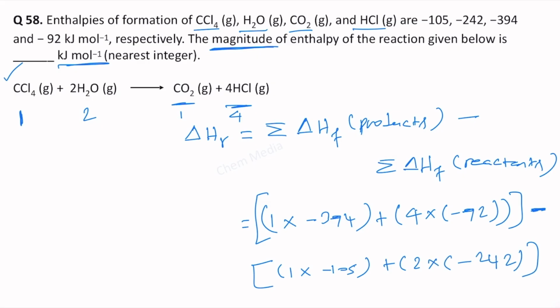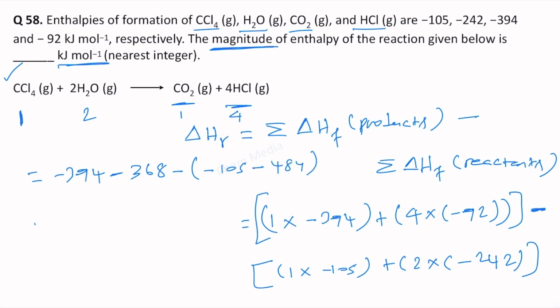So therefore this will be equal to minus 394 and then 4 times 92. 4 times 92 is 368 but we have minus and therefore minus 368. And then again minus, and then minus 105, again minus 2 times 242, that will be 484.